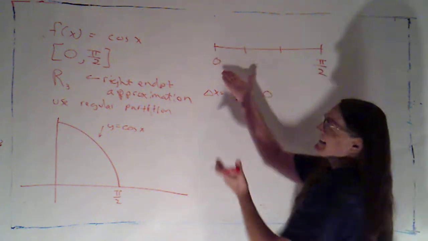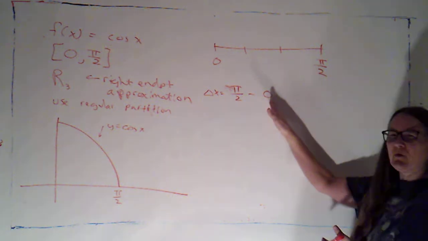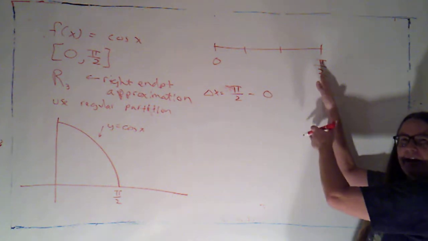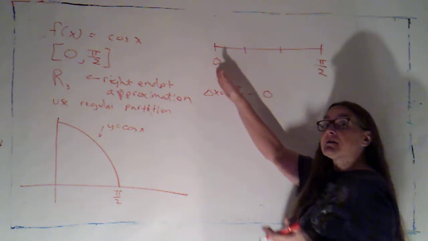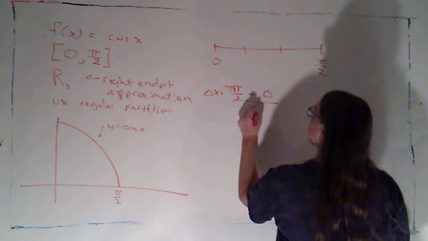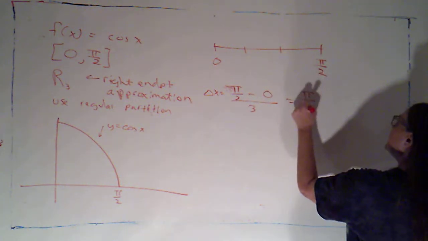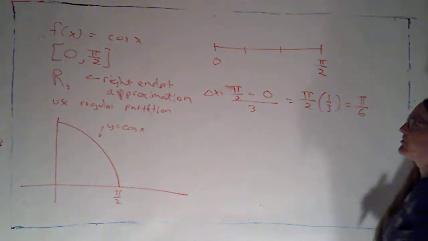Now, obviously, I can subtract 0 in my head. I'm just writing that down so I don't get in the habit of thinking it's just take the right endpoint and divide. It's the length of the interval and divide, and I won't necessarily always be starting at 0. And I'm dividing that by 3, so that's pi over 2 times a third, or pi over 6.